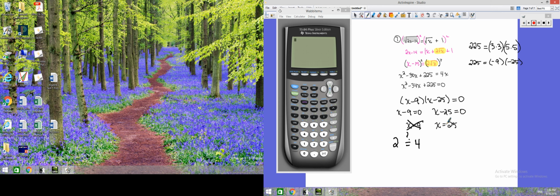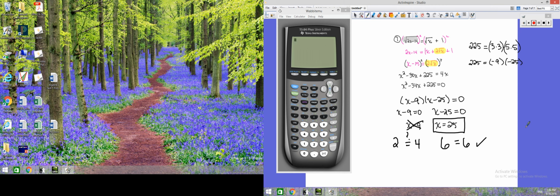Let's check this 25. 50 minus 14 is 36. The square root of 36 is 6. On the right-hand side, the square root of 25 is 5, and 5 plus 1 is also 6. I'm getting that this guy checks, but the other guy didn't. I believe that the only solution to problem number 7 is that x equals 25.